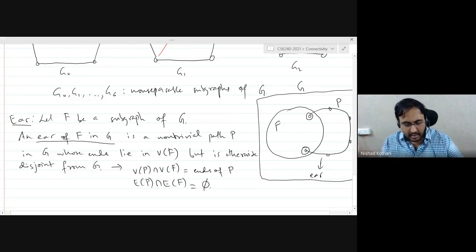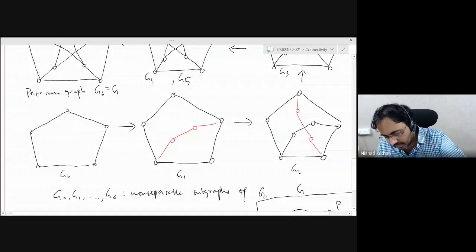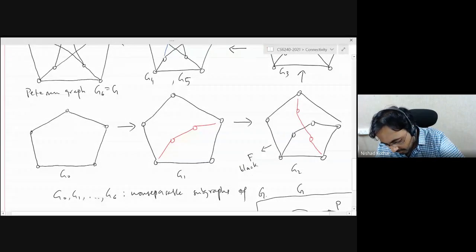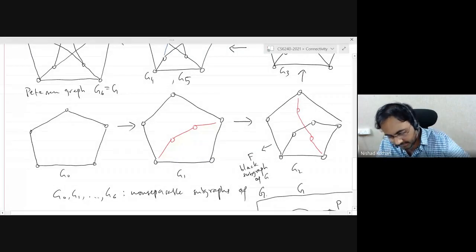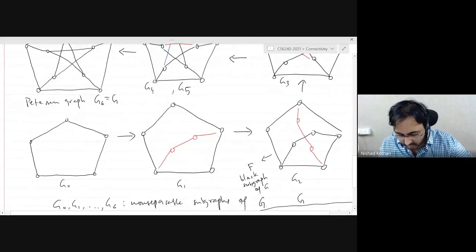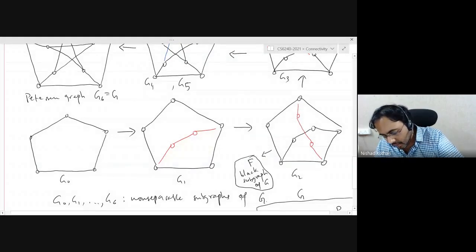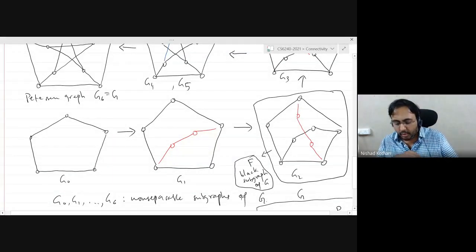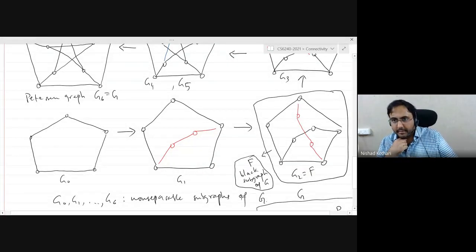So in this sense, let's go to this example here, G2, this graph. So think of F as your black colored subgraph. Black subgraph of the Petersen graph G. Okay, G is Petersen. Then for this black colored subgraph of the graph G, what you see in red color in this drawing is an ear of G2 or F in the graph G. Does that make sense?